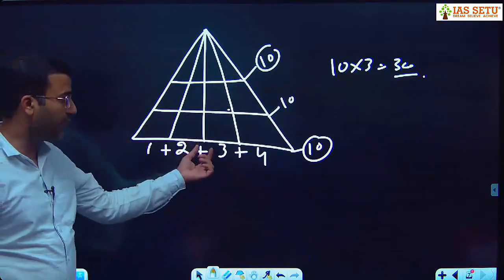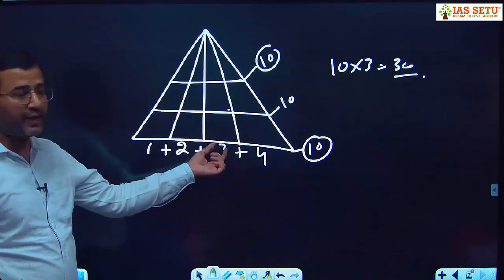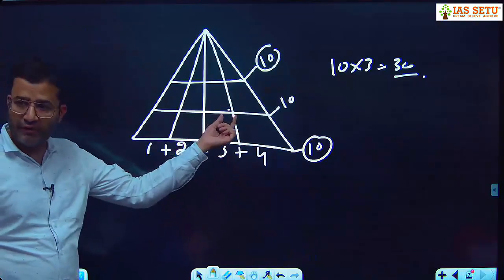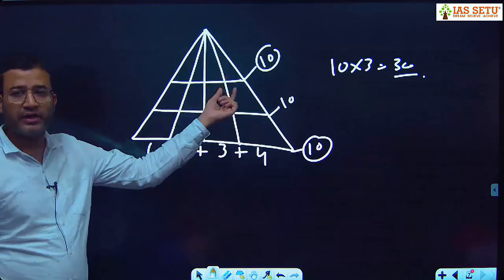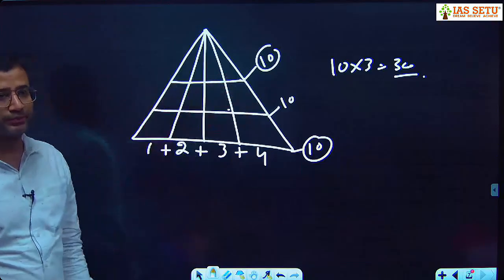So you apply type 1. This base we have 10 triangles. Similar number of triangles we will have at this base, 10 triangles at this base. So you get your answer.